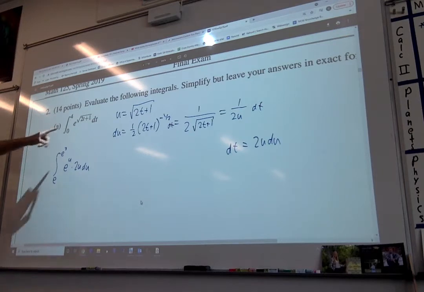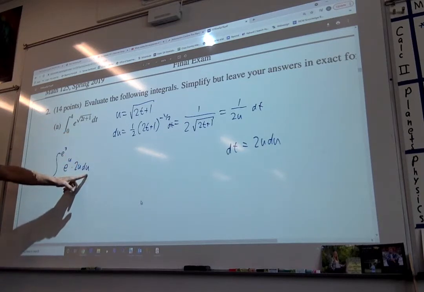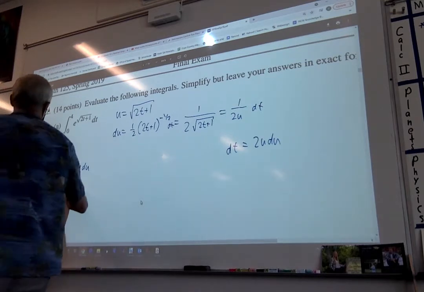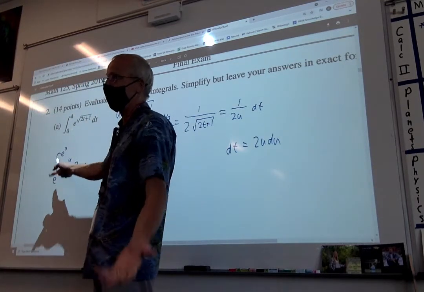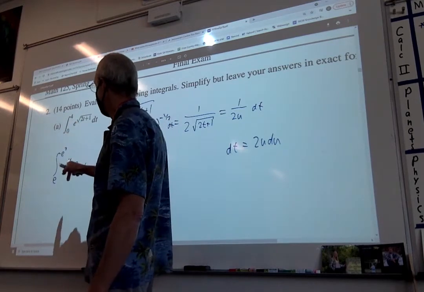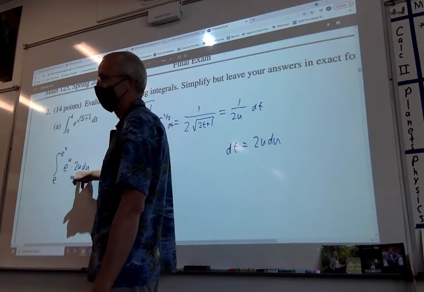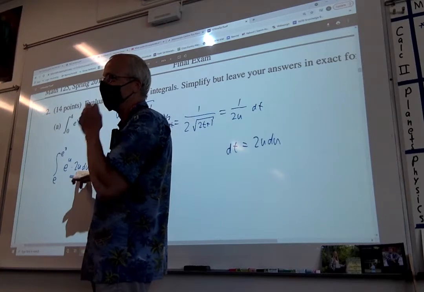This becomes a by parts. This has to be a by parts. Now, e to the u is easy because its integral and derivative are itself. But letting u equal 2u gets really complicated.